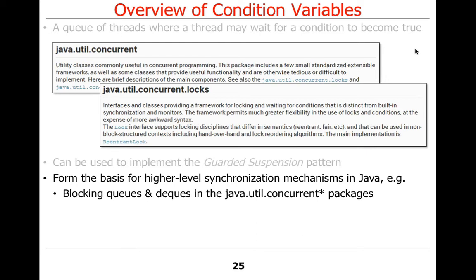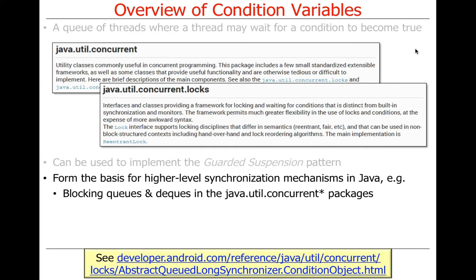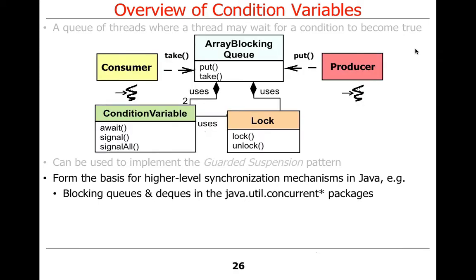You see them behind higher-level operations like put and take, for example. And of course, this is all implemented by the condition object in the AbstractQueuedSynchronizer, AbstractQueuedLongSynchronizer, and so on. And we'll come back later and look at ArrayBlockingQueue as an example of one use of condition variables and condition objects.